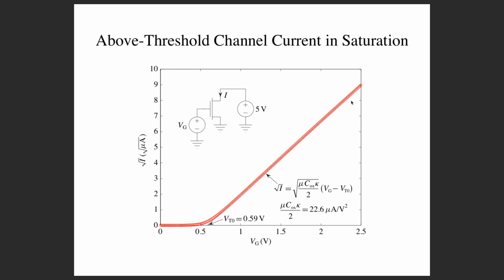You can start to see up at this gate voltage of about 2.5 volts that the centers of the circles are starting to get a little bit lower than this line, whereas down here they're going right through the centers of the circles. That's due to a second order effect called mobility reduction.